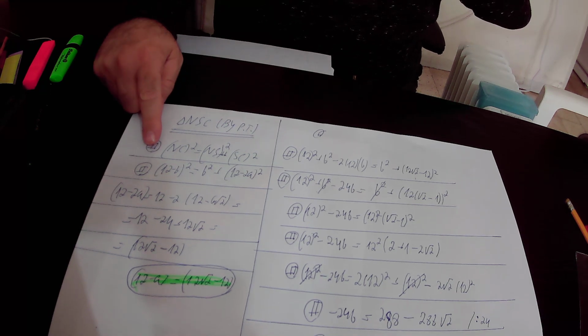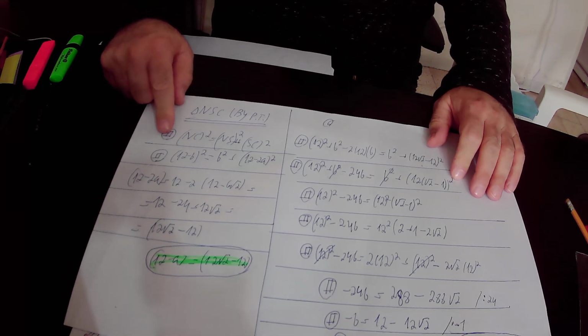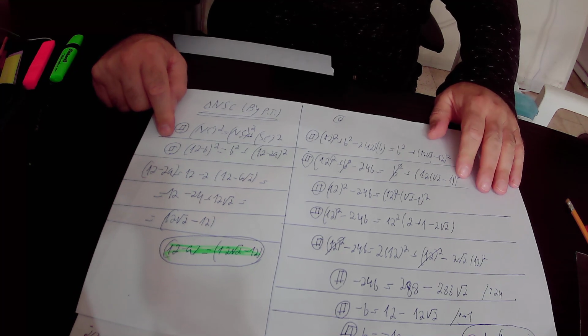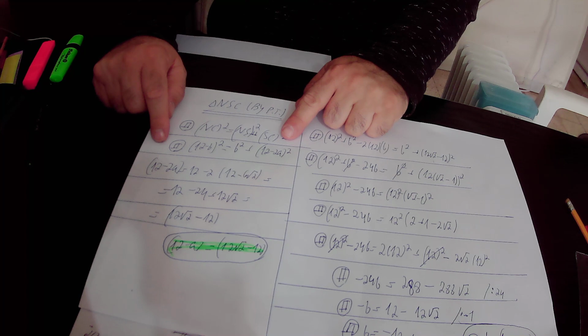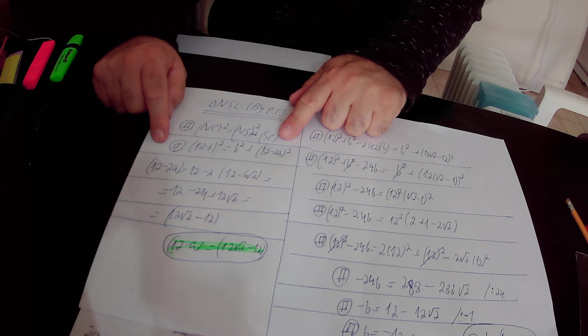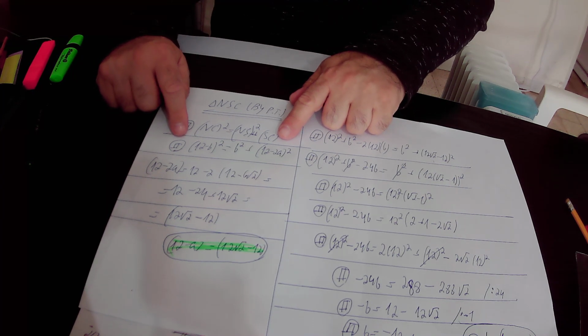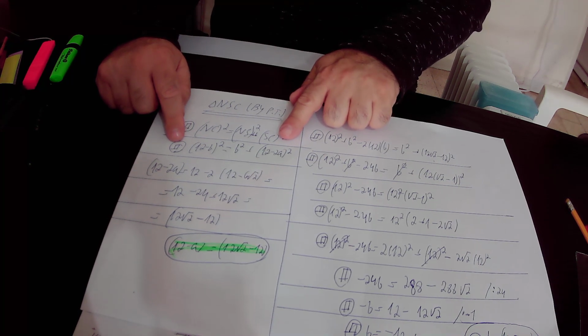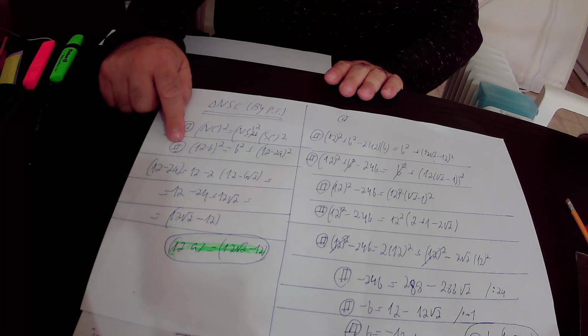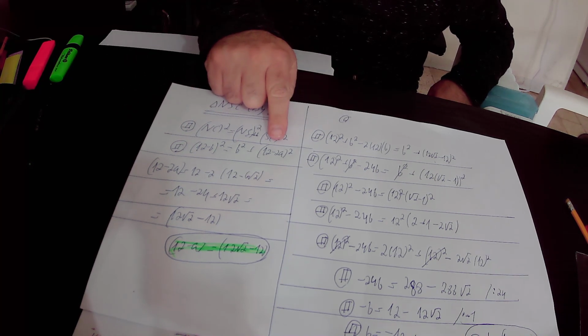We open the brackets here. Actually, here we have 12 minus 2a, so we want to get rid of a because we should have only one variable that is missing. In order to find out the value of b, we must eliminate a. And we already know that the value of a is 12 minus 6 times square root of 2. So what is the value of 12 minus 2a?